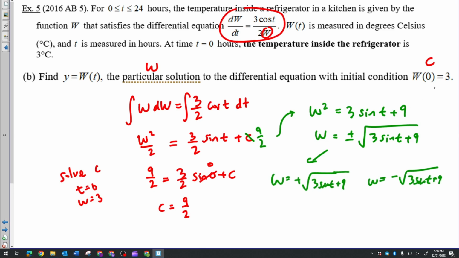If I plug in 0 here, I would get positive square root of 9, which is 3. If I plug in 0 on this side, I would get w is equal to negative square root of 9, which is negative 3. So which one of these answers gives me 3? It's this answer over here. So the answer is going to be this right here.